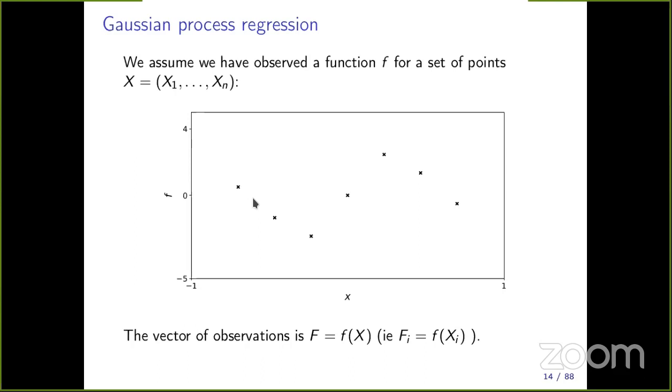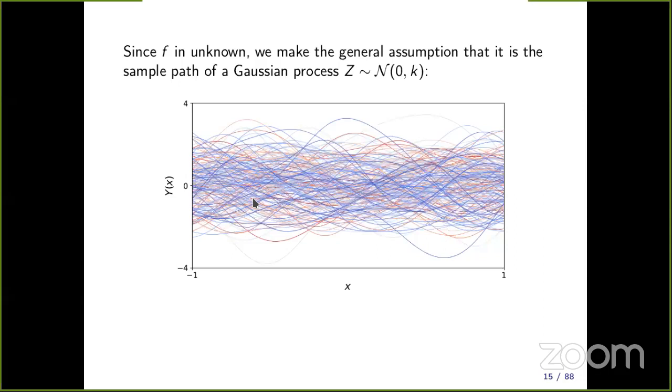And of course, you're at the Gaussian process summer school, so it's not a big surprise. The assumption we are going to use is that the function we've observed can be approximated by a Gaussian process. Or another way to put it is, the hypothesis we're going to make is that the function we want to approximate is one sample from this infinite set of samples.